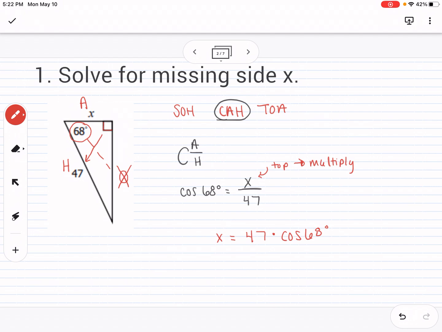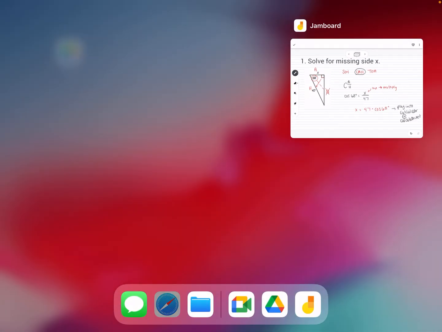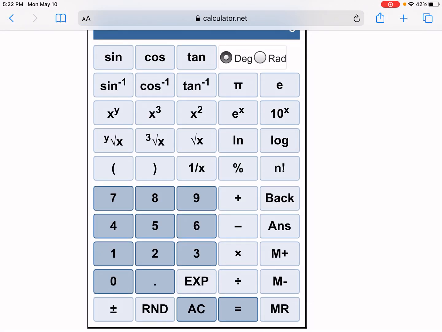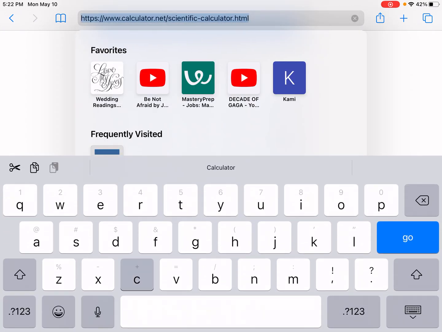From here, we plug into our online calculator. I'm going to plug in 47 times cos 68 degrees.